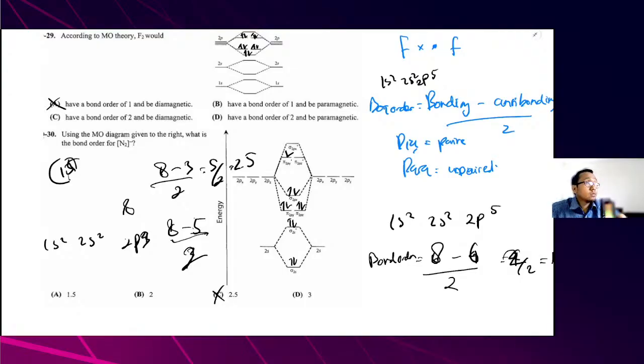Is that true? So, okay, that's true. Not like this one. 1, 2, 3. 1, 2, 3, 4, 5, 6, 7, 8, 9, 10. Not like this one. Okay.